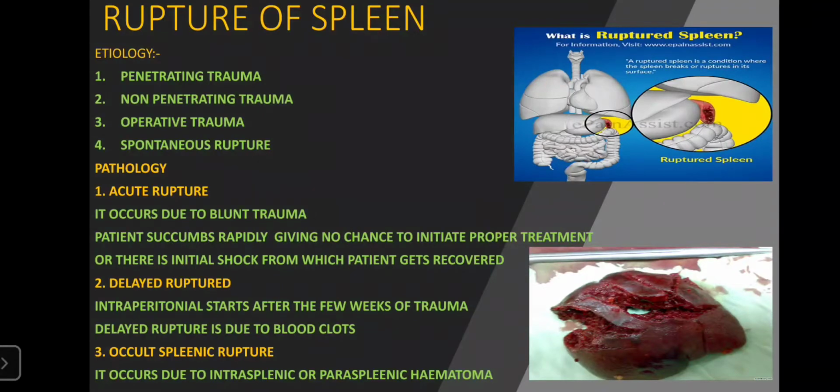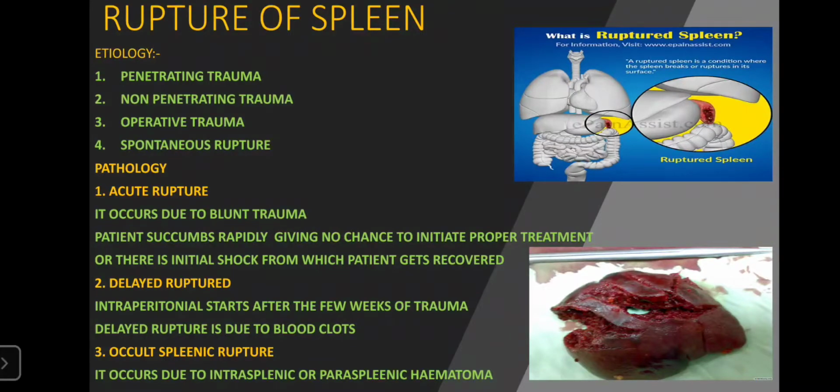The pathology of rupture of spleen is classified on the basis of acute rupture, delayed rupture, and occult splenic rupture. Acute rupture is caused by blunt trauma where the patient succumbs rapidly, giving no chance to initiate proper treatment, or there may be initial shock from which the patient recovers.